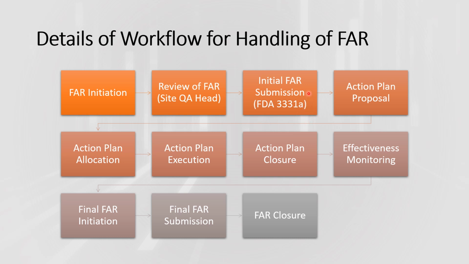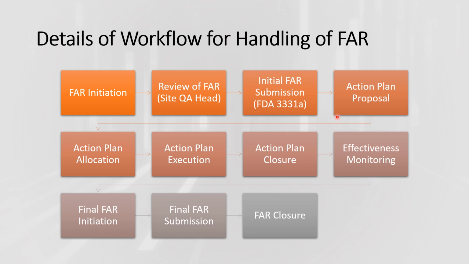Once you initiate the FAR, your investigation should be initiated, and based on that investigation, the action plan you have proposed should be initiated, and the action plans should be allocated to the respective users. After allocation, the action plan execution shall be done, and once the action plan has been executed, the action plan closure shall be done.